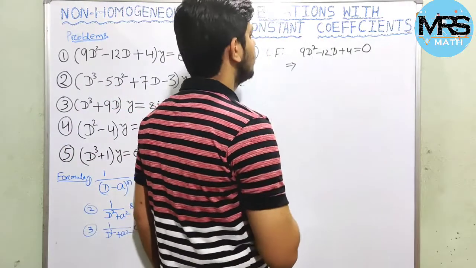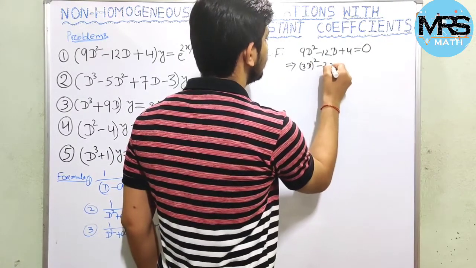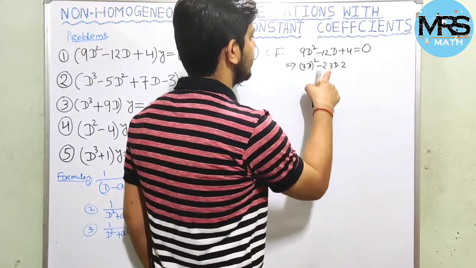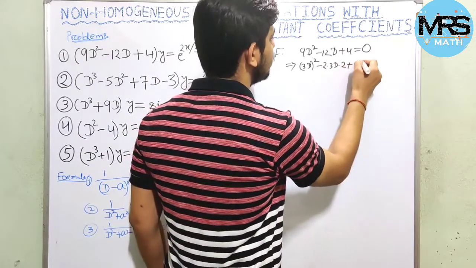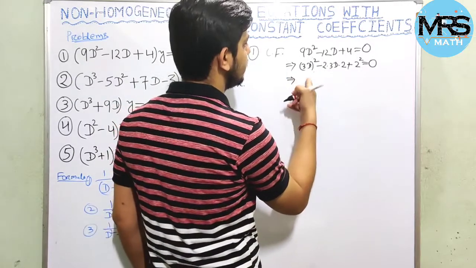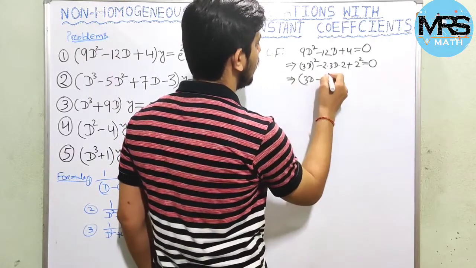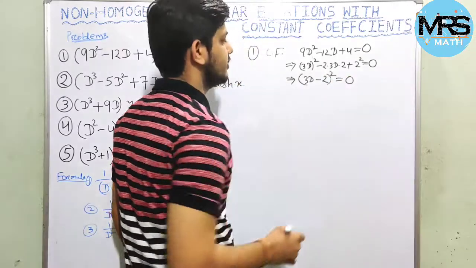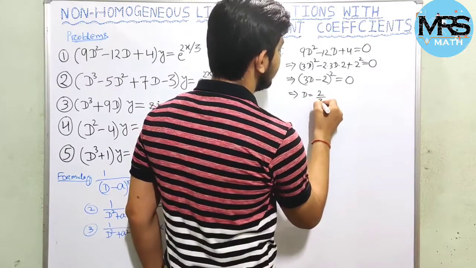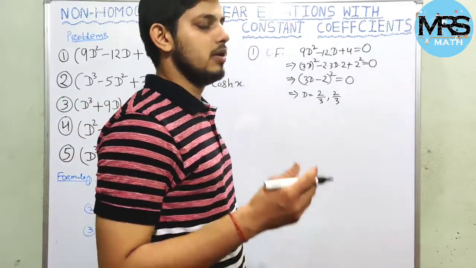This is in the form (3D)² − 2·3D·2 + 2² = 0, where 2·3D·2 is 12D. So you can see this is (3D − 2)² = 0. So D will be 2/3 and 2/3, that is, the root is real and repeated 2 times.